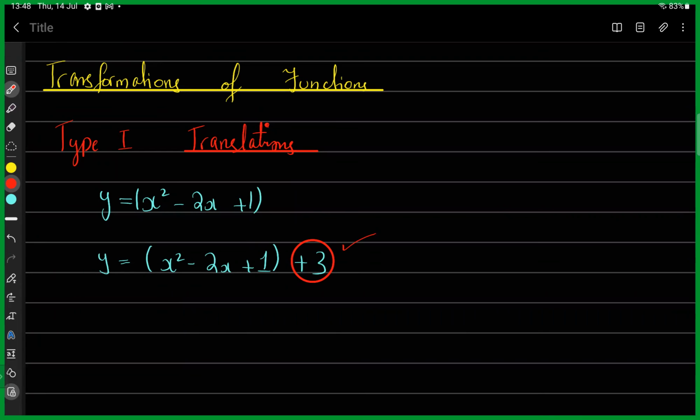Let's talk about that. Okay, so imagine, let me make the graph of both the functions, and for now let me just do it directly. All right, this is equation 1, and then this one is equation 2.